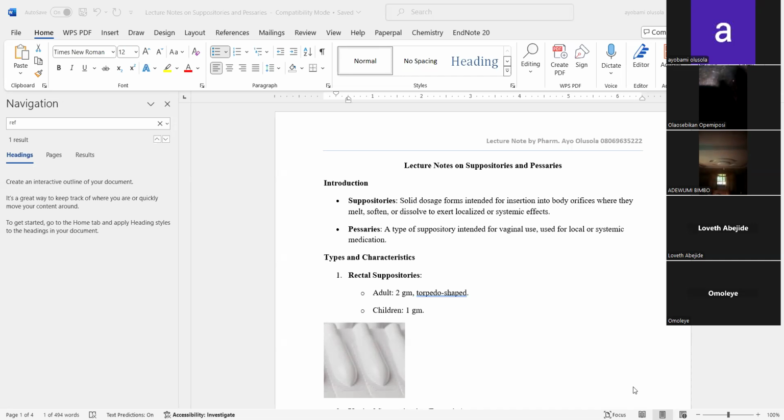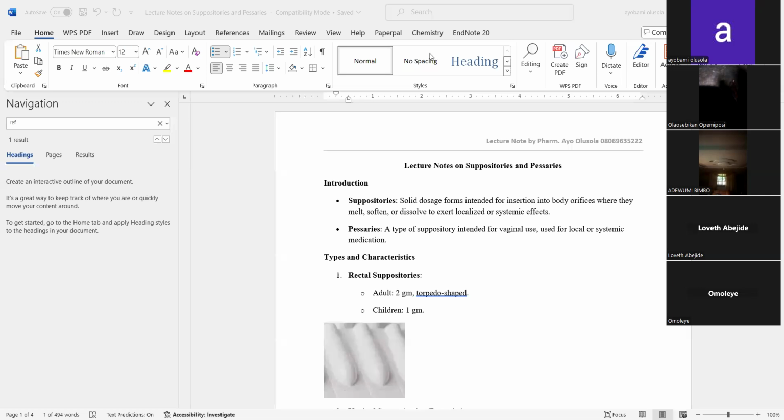Oral antifungals are contraindicated in pregnancy. So you must use the pessary. And the pessary does not get absorbed into the body system. The pessary works just locally. The pessary will just kill the yeast, the fungi in the vaginal region. That's all it does. It does not get absorbed into the systemic circulation.